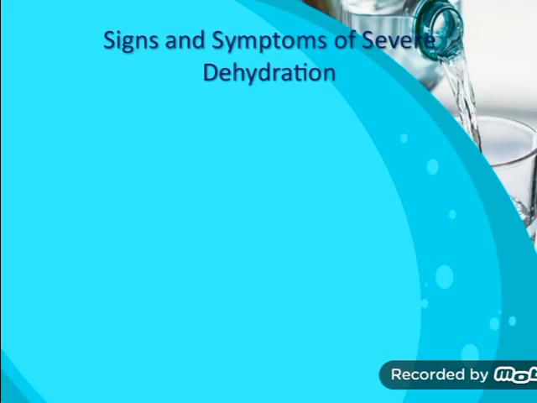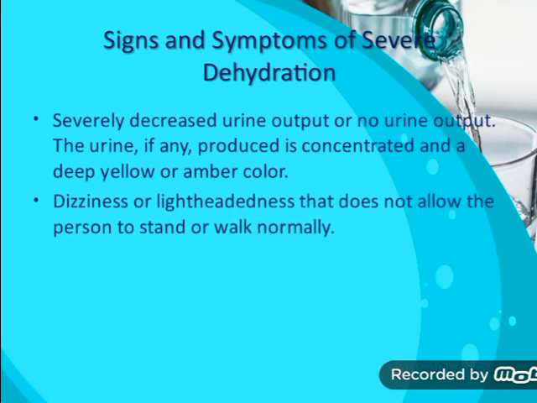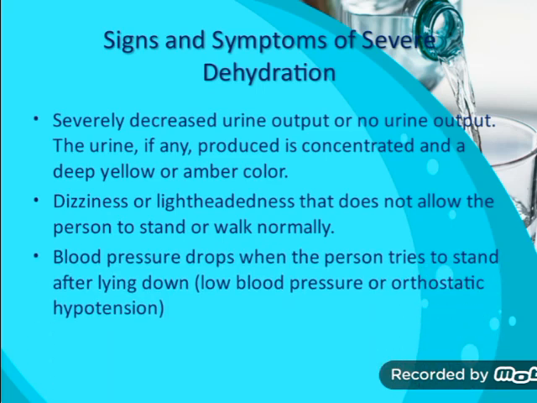Severe dehydration may include the following: severely decreased urine output or no urine output. The urine, if any, produced is concentrated in a deep yellow or amber color. Dizziness or lightheadedness that does not allow the person to stand or walk normally. Blood pressure drops when the person tries to stand after lying down, also known as low blood pressure or orthostatic hypotension.